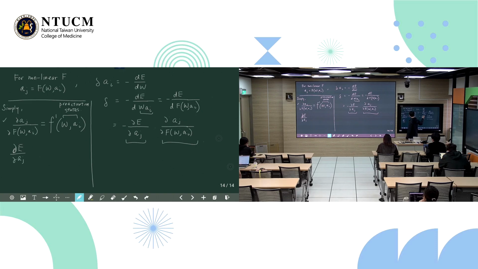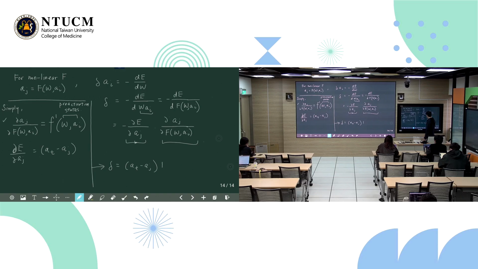Which is this term, which is equals to AT minus AJ, right? How the error changes with respect to output is exactly as we said, it is delta, all right? So putting this together implies that delta is equals to AT minus AJ.